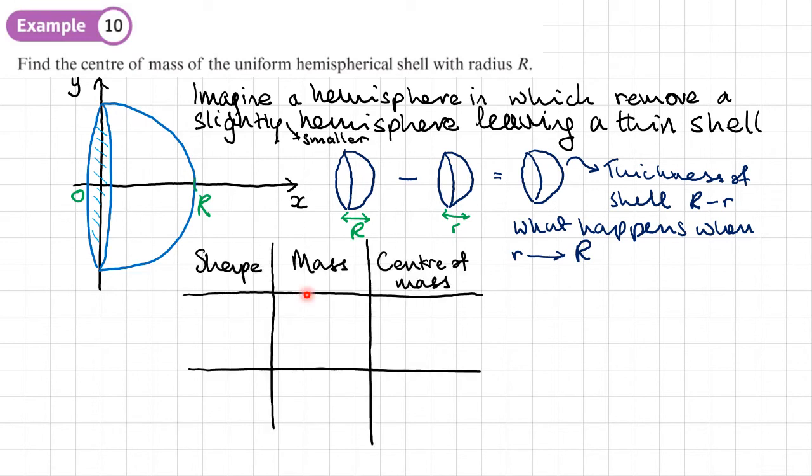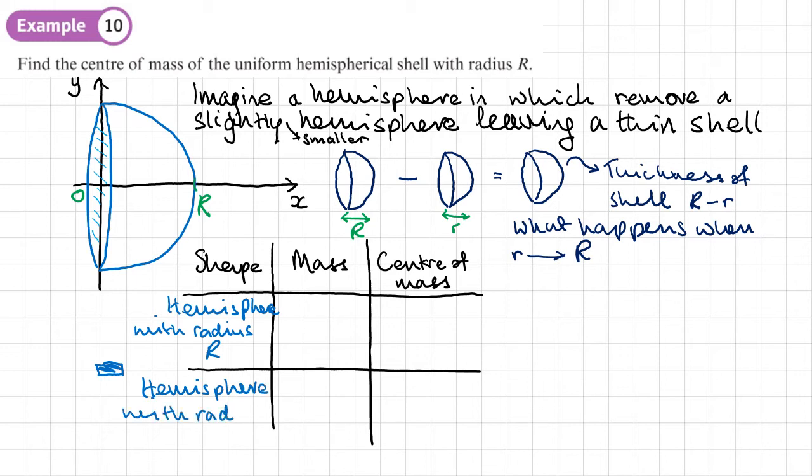So the way that we're going to do this is treat it like a composite shape, but with one shape with another shape removed. So here we're going to have this larger hemisphere with radius big R, and then we're going to subtract from that the hemisphere with radius little r.